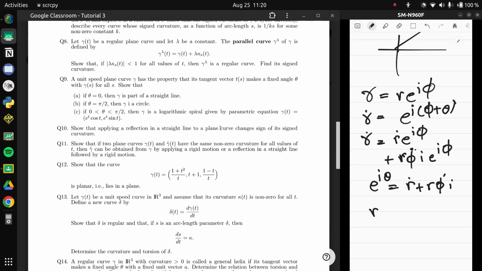Okay, so you're saying that r dot is just equal to cosine of theta, and that's a constant, by the way. This whole thing is in fact a constant. So you can just integrate it right away.